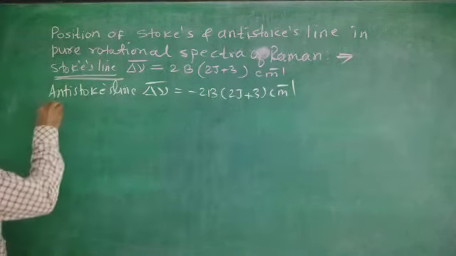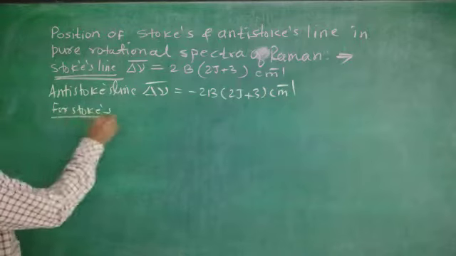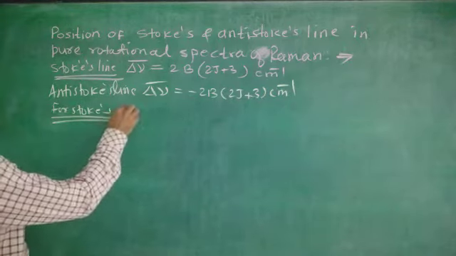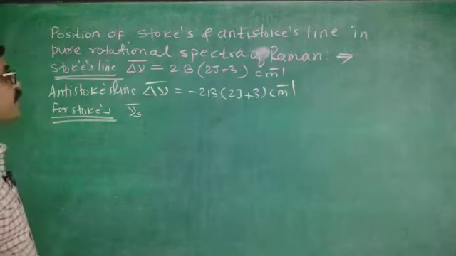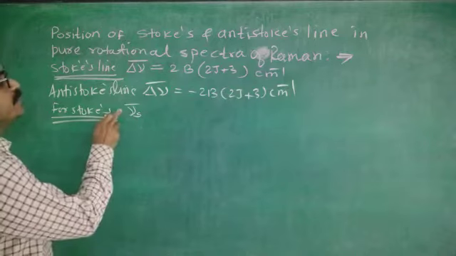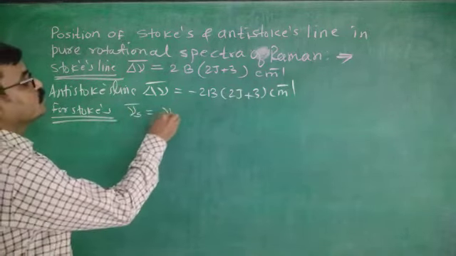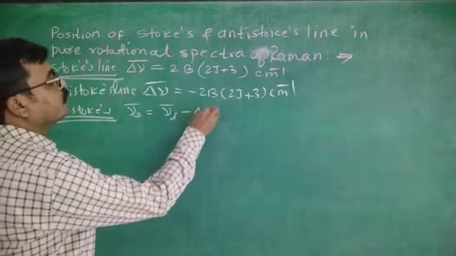Now for Stokes lines, if you want to calculate the wave number of scattered light, then it will be nu s bar equals nu I bar minus delta nu bar.